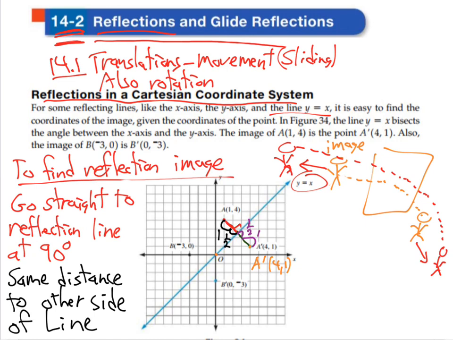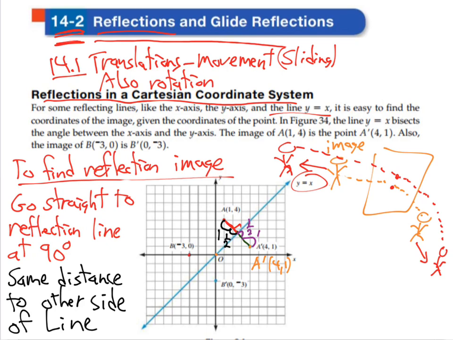So that's how reflections work. Same distance, you go straight at the mirror, and you go the same distance to the other side. If you're closer to the mirror, your image scoots up closer. And if you back up, your image backs up. That's how reflections work.